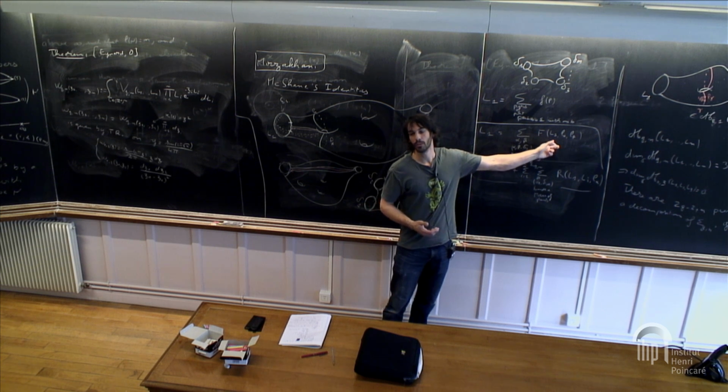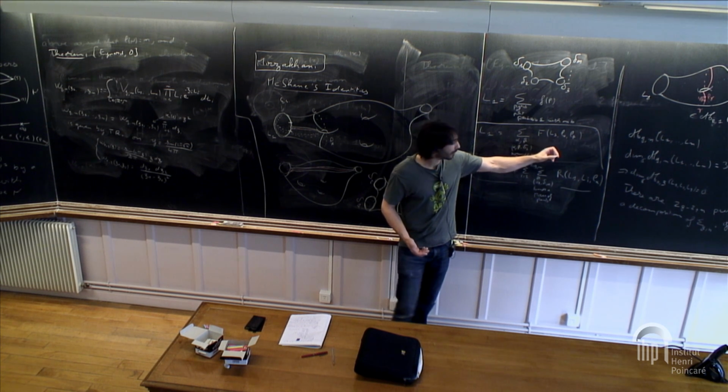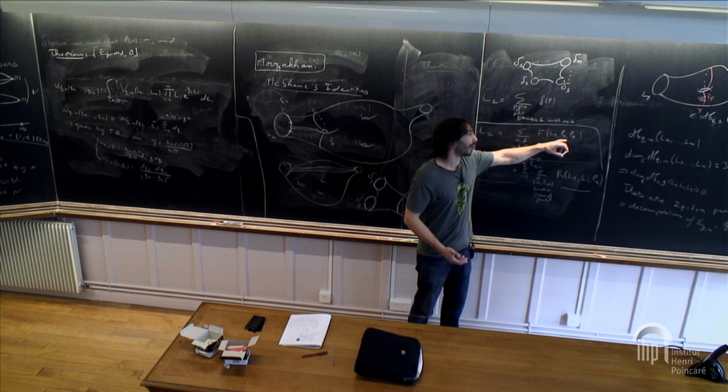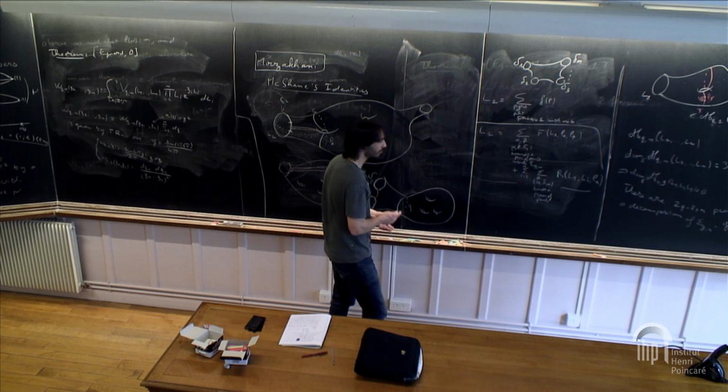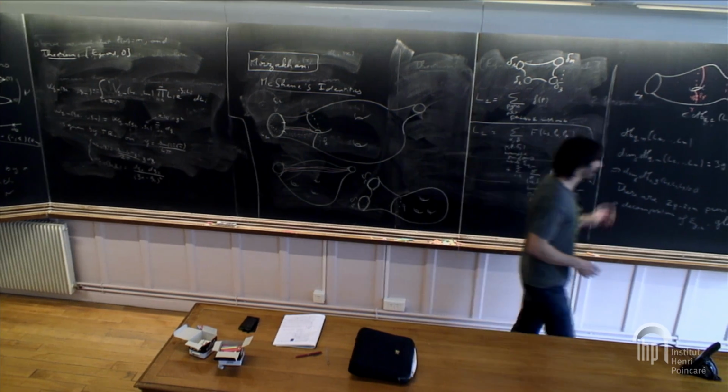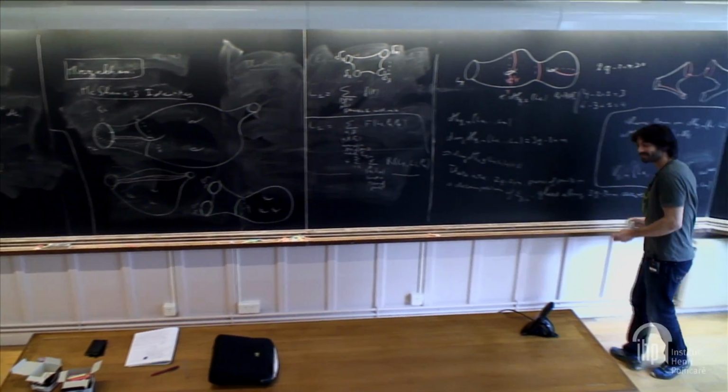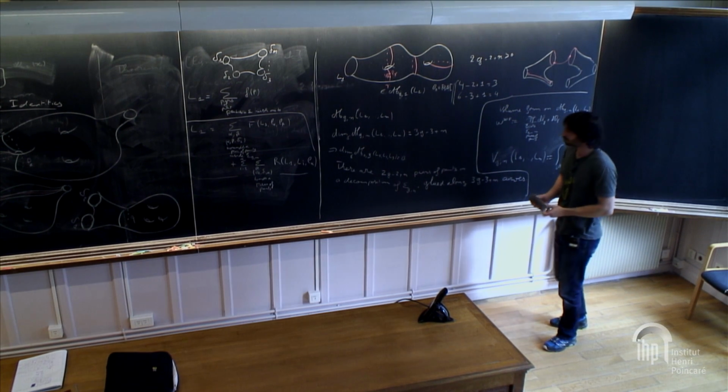But a priori, you would not need an explicit formula for them in order to get a nice relation for the volumes. So at the end of the day, you would be able to write it as a function of two variables. But I will not give you the formula for them.